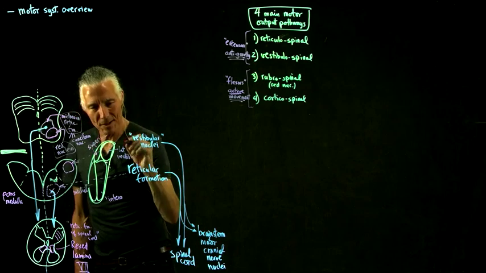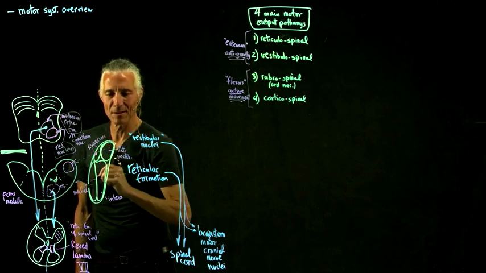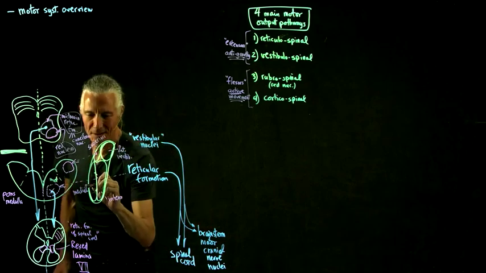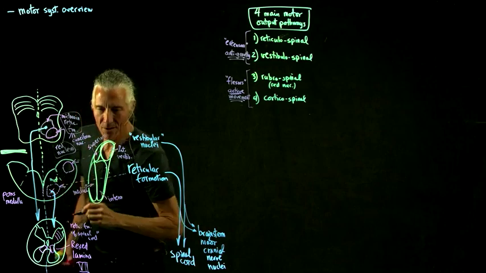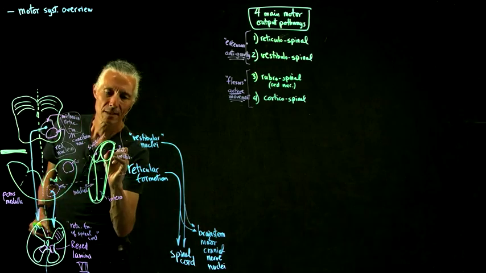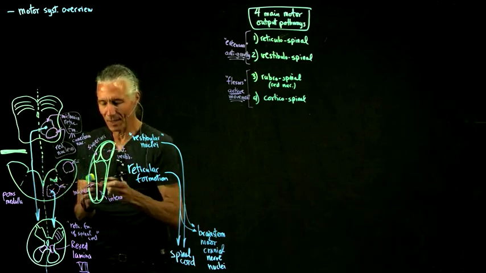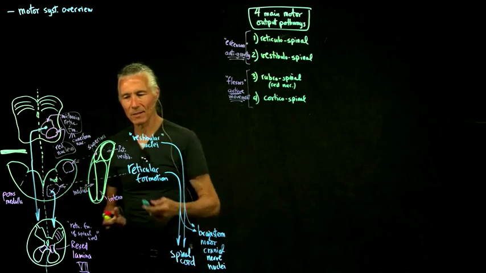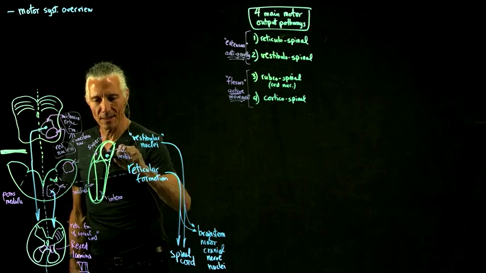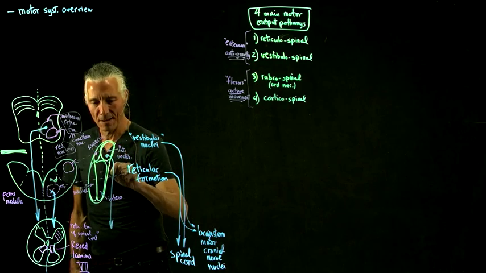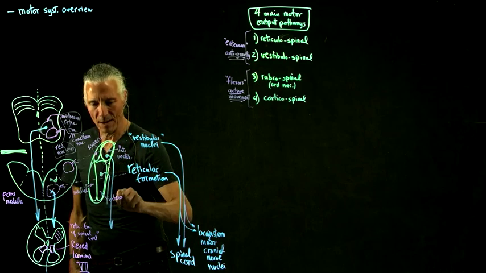There have been studies of the subtle distinctions in what these different nuclei do, and it turns out just the lateral one with the giant neurons. The reason it has giant neurons is because it's going down to the spinal cord. So just these guys and this inferior actually go out.